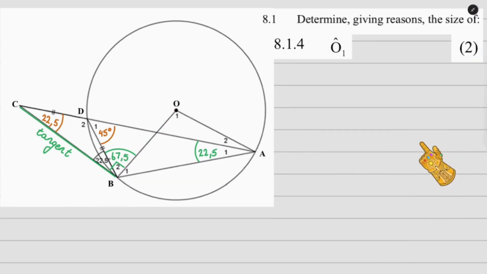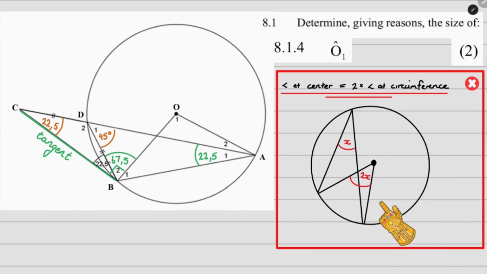In 8.1.4, we need to get the size of O1. O1 is sitting over there, and it's at the center of the circle, which is quite a big clue as to which theorem we're going to use. Now, if we have an angle at the center and an angle at the circumference, we can apply the following theorem.